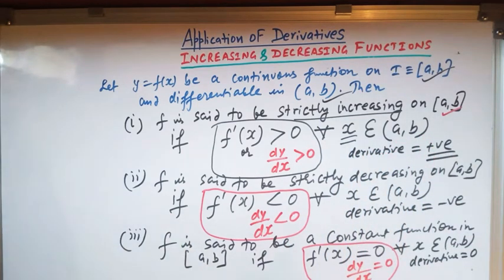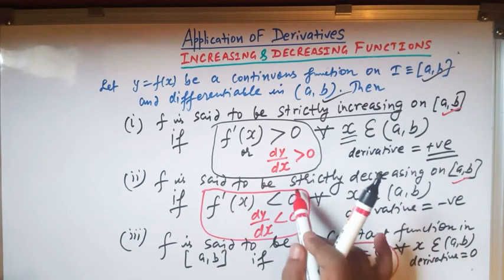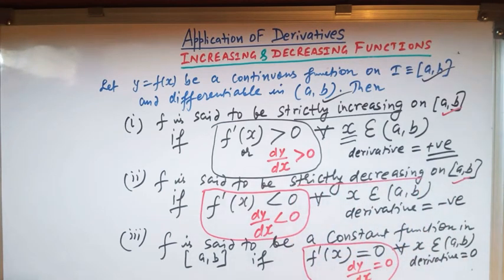And f is said to be strictly decreasing on this closed interval a comma b if f prime of x is less than 0, or the derivative is negative. And f is said to be a constant function if the derivative is 0. It means the tangent is parallel to x-axis.